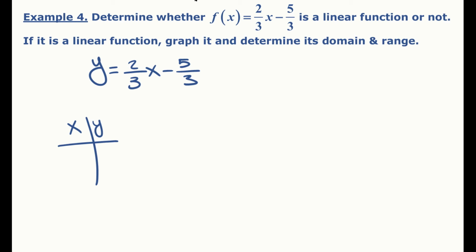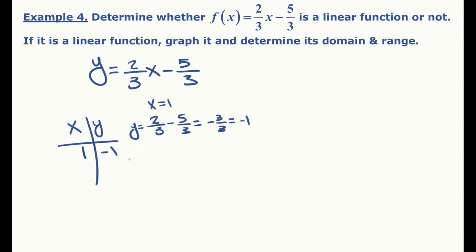But if I substitute 1 for x, I would get 2/3 times 1, which is just 2/3 minus 5/3. In other words, if x equals 1, we end up with 2/3 minus 5/3 for y, which is negative 3/3, which is negative 1. See, that's a very nice result.